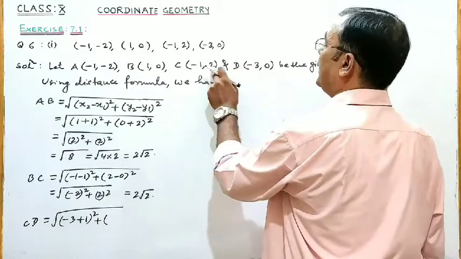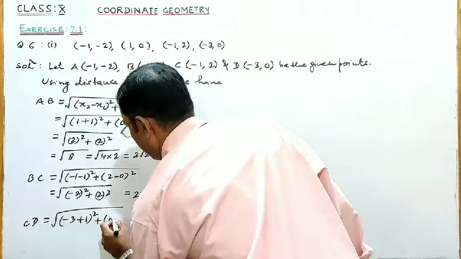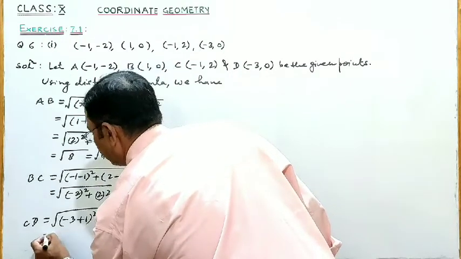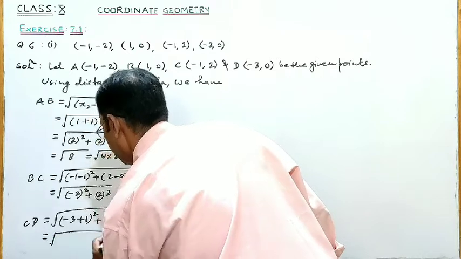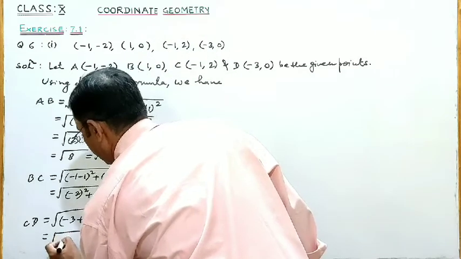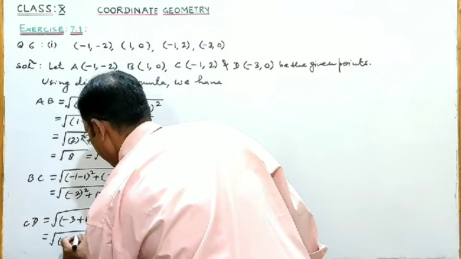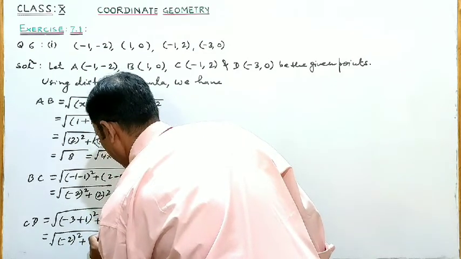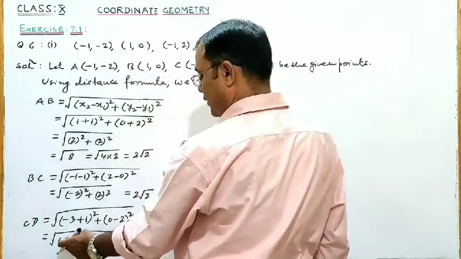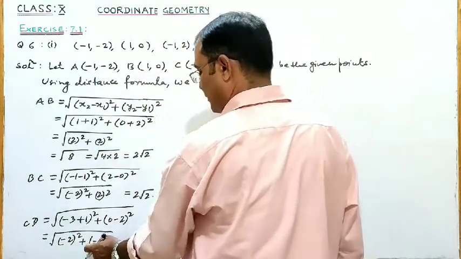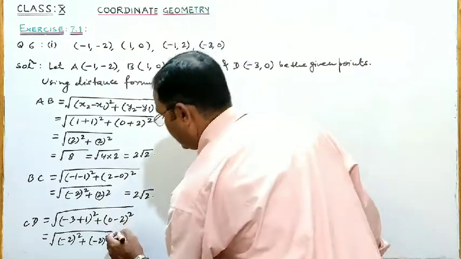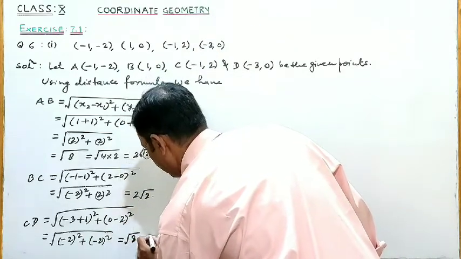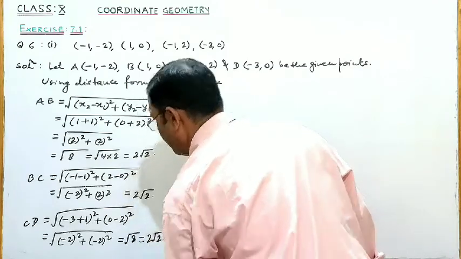So 0 minus 2 whole square. This is equal to minus 2 whole square plus minus 2 whole square, 4 plus 4, 8, under root 8 is equal to 2 under root 2.